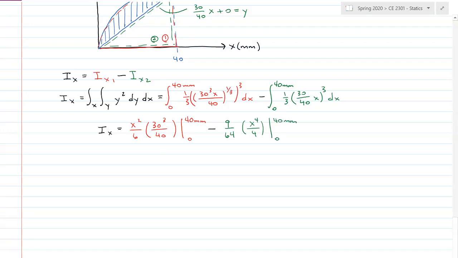And my final inertia about the x-axis is equal to 90,000 millimeters to the 4th.